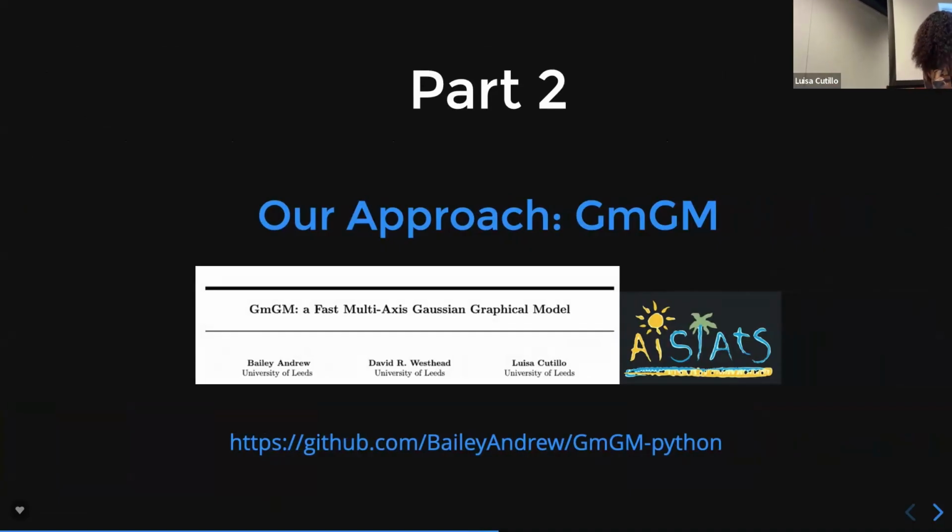Again, Bailey has created the associated code, which is here on GitHub, and we will play with it. Yeah, I have a couple of questions. You mentioned n squared and p squared, but wasn't the matrix sparse? So why is it n squared and p squared? For memory complexity and time, you don't know in advance how sparse it is.